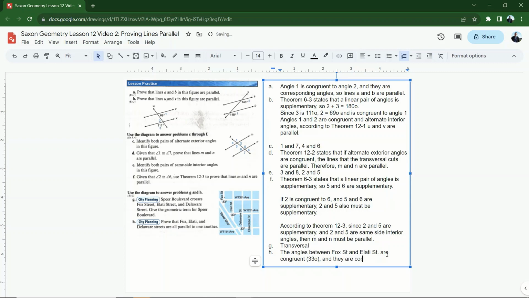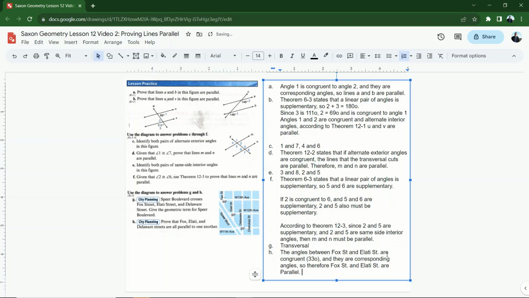And they are corresponding angles. So therefore, according to our postulate in the lesson that we just learned, Fox Street and Elati Street are parallel.